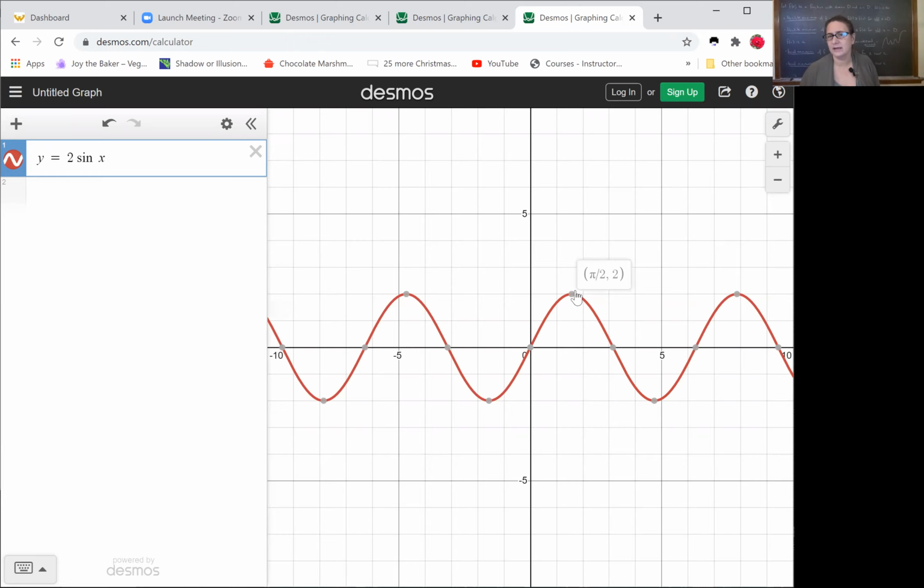It's never going to get bigger than 2 or smaller than -2. So that's the absolute max and the absolute min. In this case, those are also local maxes and mins because I took it all over. So here's an example where you have an infinite number of points where the maximum happens, and an infinite number of points where the minimum happens.